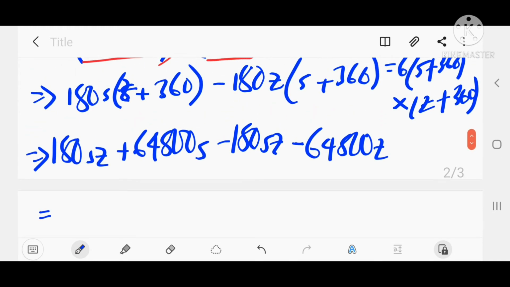Then we have 6 times z times, let's leave this 6. So we have z times s times z, and the rest like that.